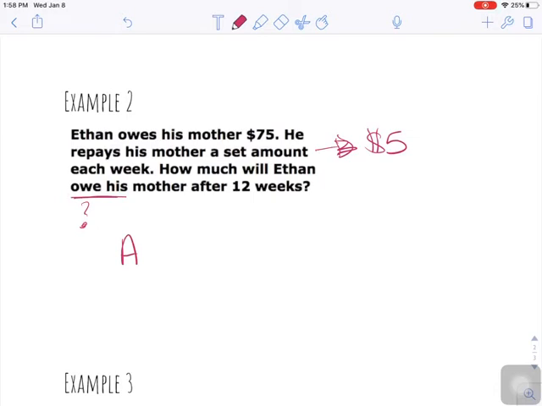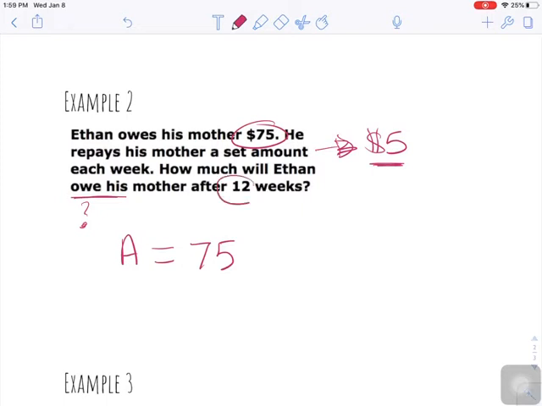We don't know how much he's going to owe her, but we know that we have this 75 total that we started off with, that we owe her in total. And then we know that every single week he's going to pay her this $5. So the first week he's going to pay her 5, and every single week after that he's going to pay her 5 more.